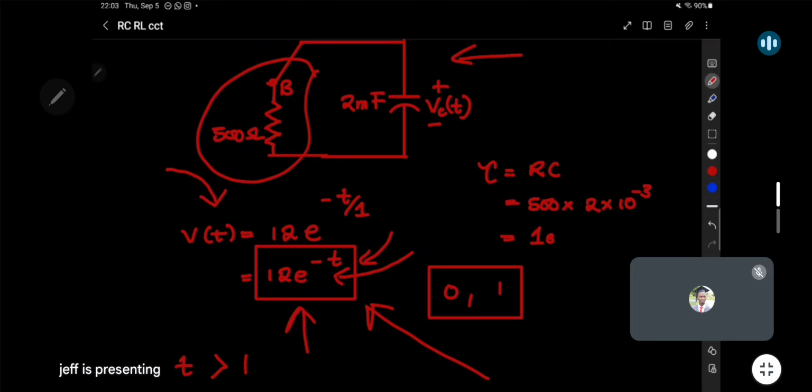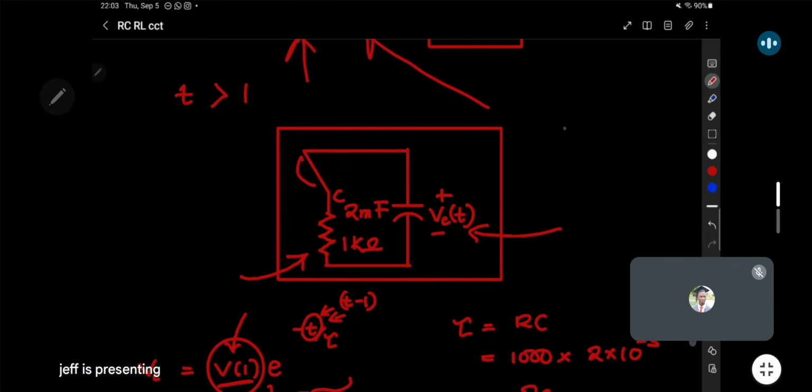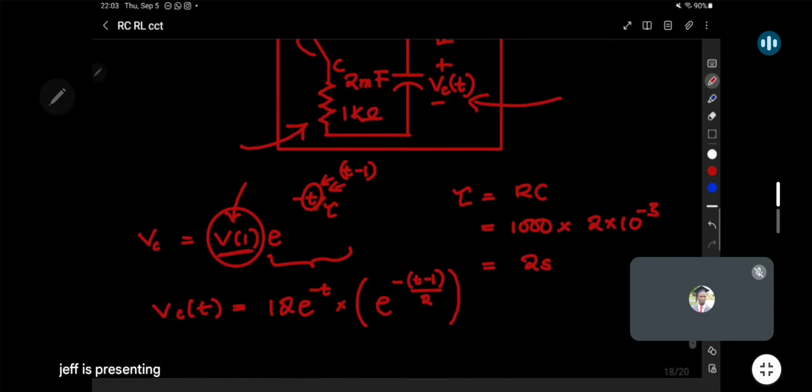But we now want to use it only when t is equal to 1 second, because it will tell us how much voltage the capacitor was still producing when it was being connected to C. So when we are substituting it here, we're not necessarily going to put the general one with a t variable here. Instead, we're going to say this is for t equals 1 second, so that the voltage we get here will be the exact voltage the capacitor was responding with for t equals 1 second.